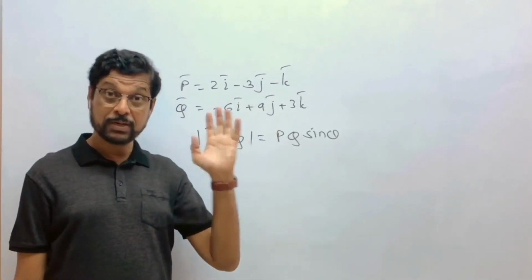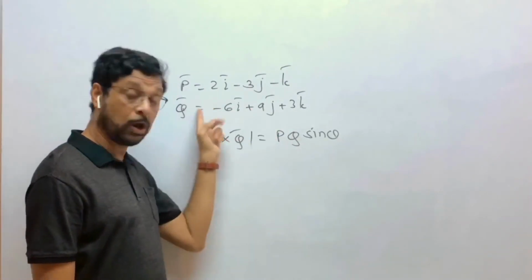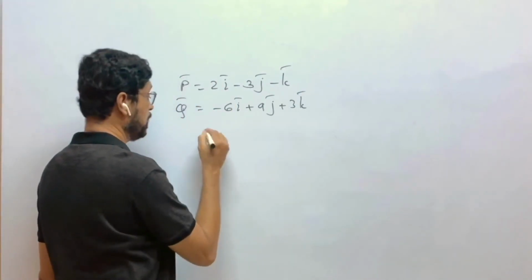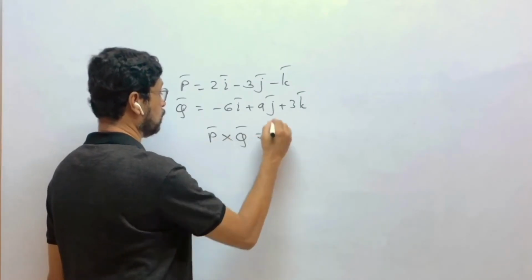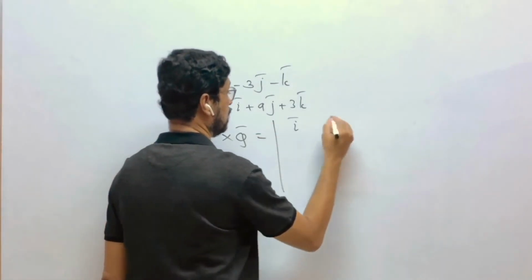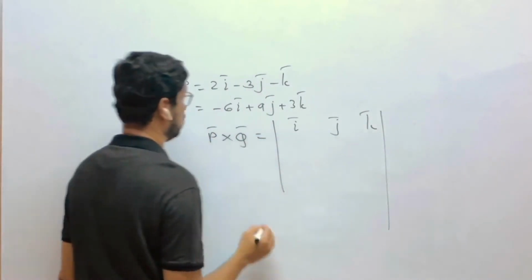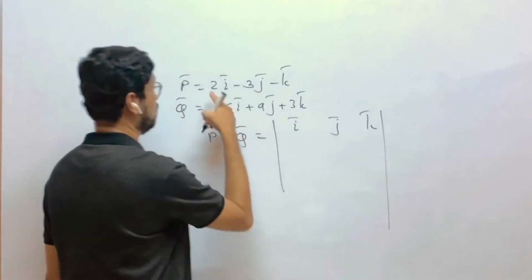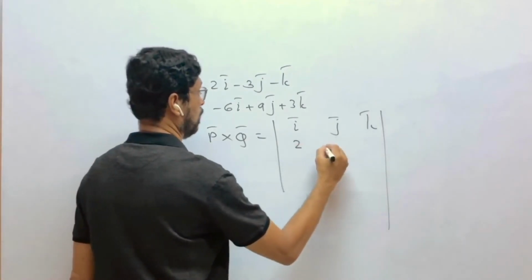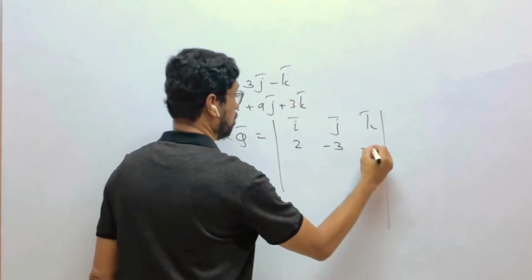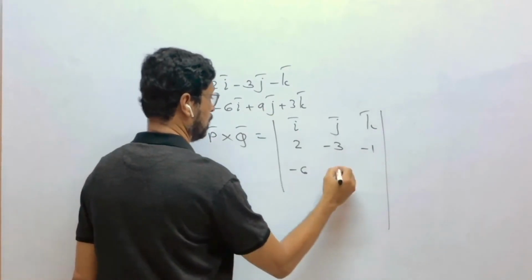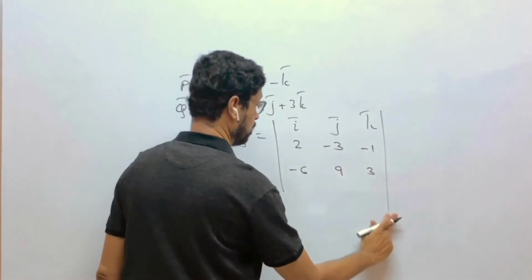So you will use determinants to find P cross Q directly. So P cross Q is equal to determinant I, J, K, AX, AY, AZ, PX, PY, PZ, 2, minus 3, minus 1, minus 6, 9, 3.